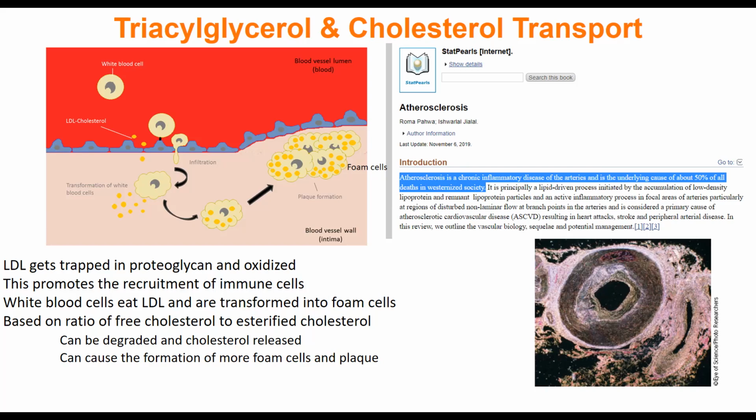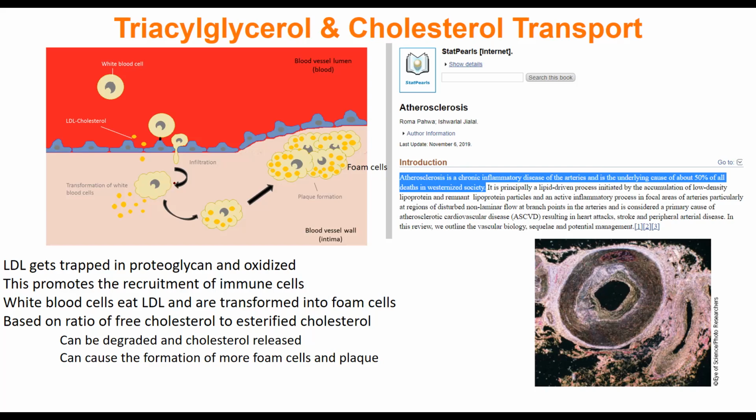So to try and clean this up, white blood cells are recruited. White blood cells will come over and try to clean up this LDL that has been trapped in the proteoglycan layer. But what can happen is that these white blood cells can actually eat too much of the fatty acids and too much of the cholesterol.